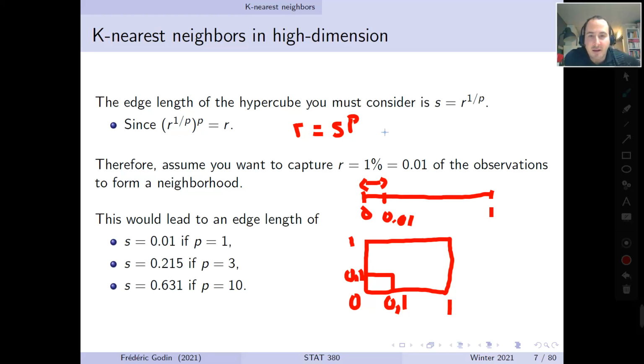So if you solve that, then your edge length is simply s is equal to your percentage of the area or volume you want, let's say in our case 1%, to the power 1 over p.